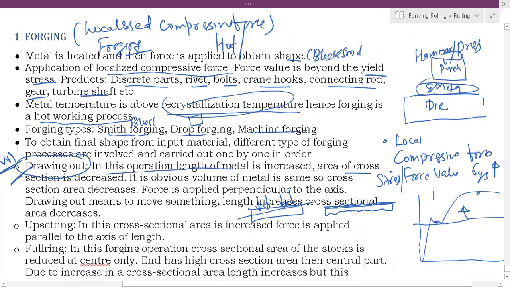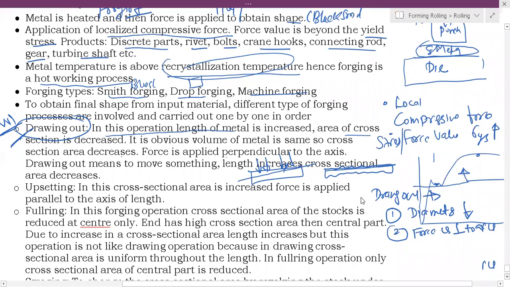So what is drawing out? In the drawing out operation, it is obvious the volume of metal is the same, so cross-section area decreases. Force is applied perpendicular to the axis. So in drawing out, two things you have to remember: first, the diameter reduces, and second, the force is perpendicular to the axis, because it is asked.